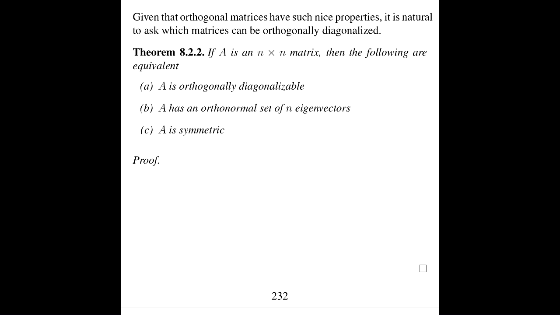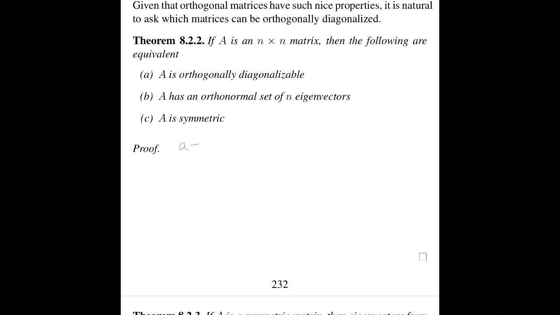So we know a symmetric matrix is orthogonally diagonalizable. And also, if A has an orthonormal set of eigenvectors, it is also orthogonally diagonalizable. Let's try to prove from A to B.